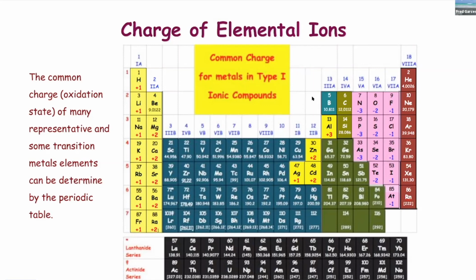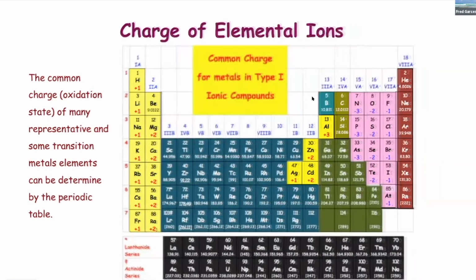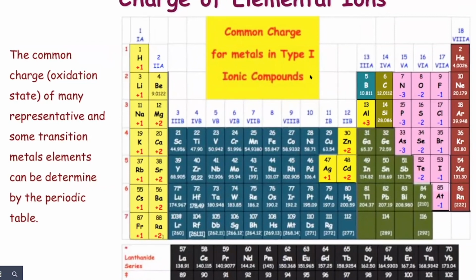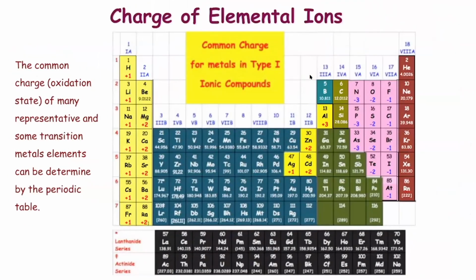So, like I said, the elements in yellow here are the elements that are going to transfer their electrons. These electrons in the 2A, beryllium, magnesium, have 2 valence electrons. The ones in yellow are the elements that have a specific number of electrons that they want to give up.